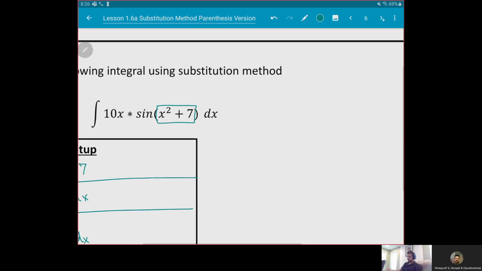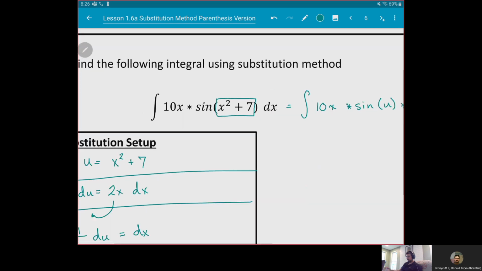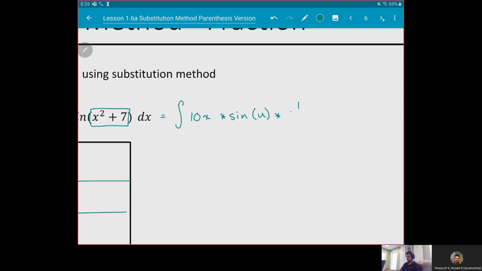No big deal. And so I'm going to go the integral of 10x times sine of u times 1 over 2x du.